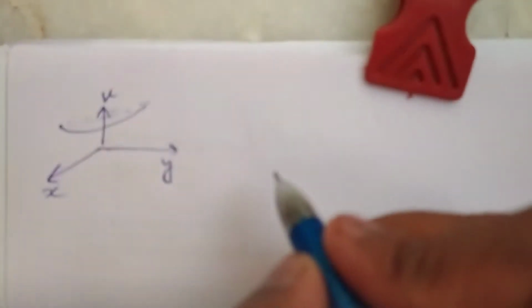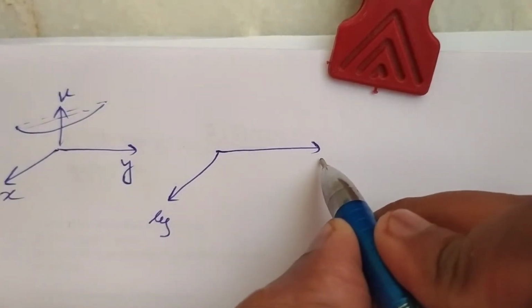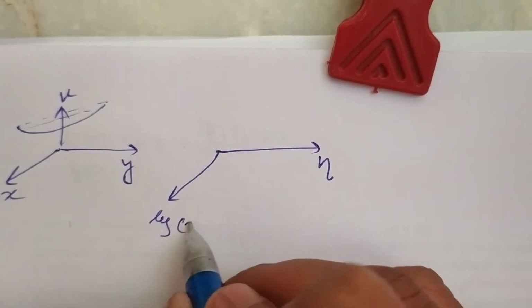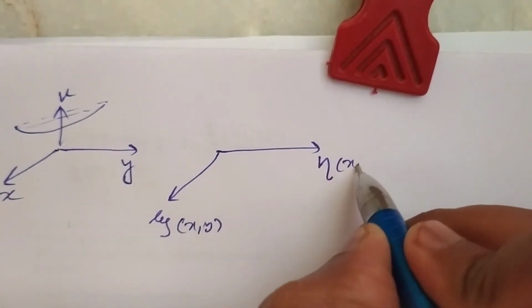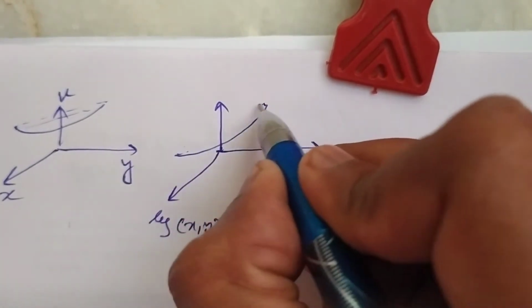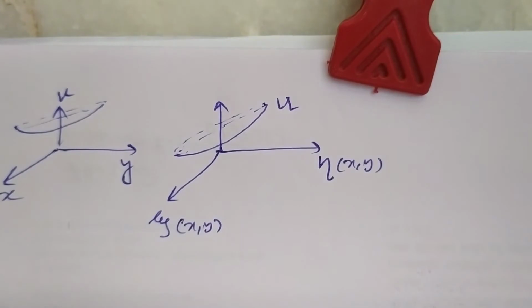Now what we will do is change the independent variables, say to xi and eta, and these xi and eta depend on x and y, and we will now reconstruct the whole differential equation of u and solve for u.